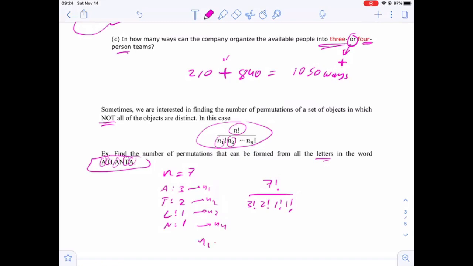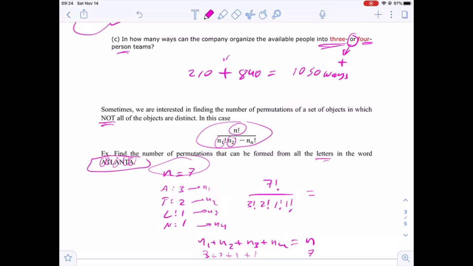Note that the sum of those n's is equal to n, the sample size, or the total number. So as you can see, we have 3 plus 2 plus 1 plus 1, and that's equal to 7. Okay, and then you can compute this using a calculator or by hand to get the final answer.